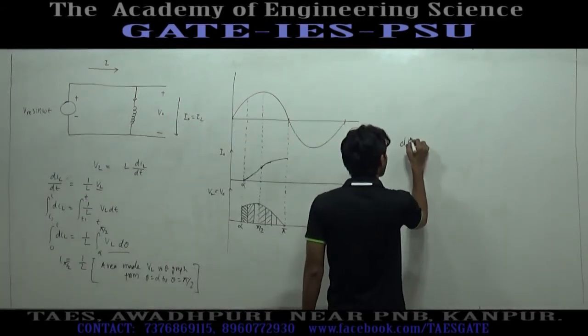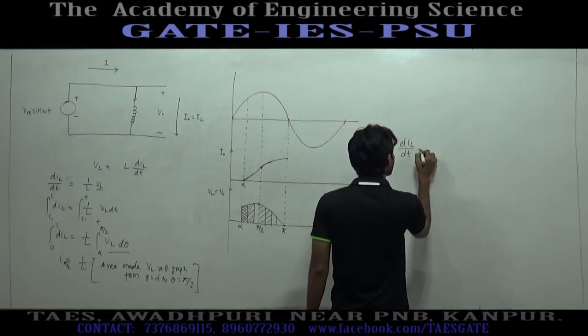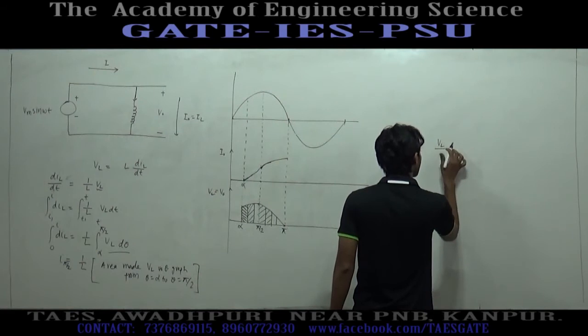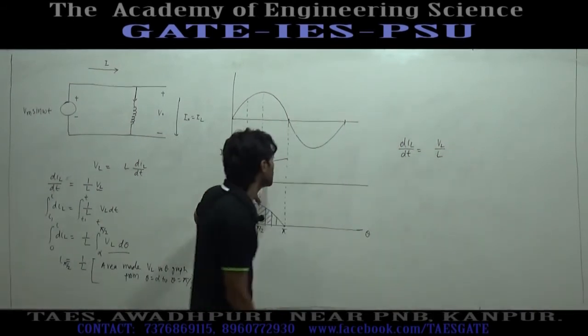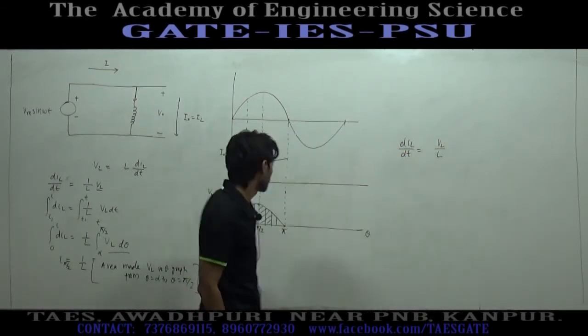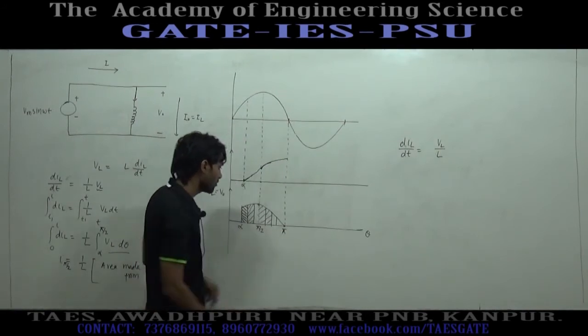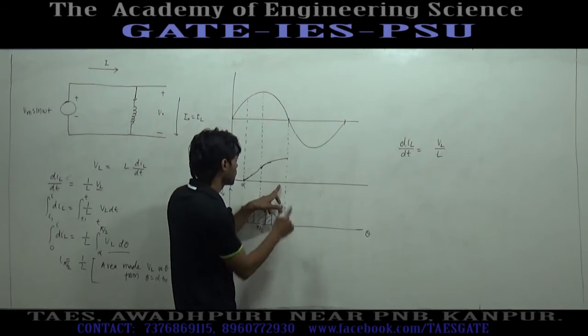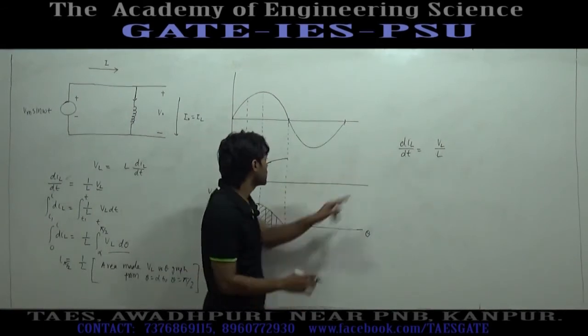The rate of change of inductor current, dIL over dt, is equal to VL divided by L. So the slope of IL will be decided by VL. At this point the value of inductor voltage is 0, so at this point the slope of inductor current is 0.